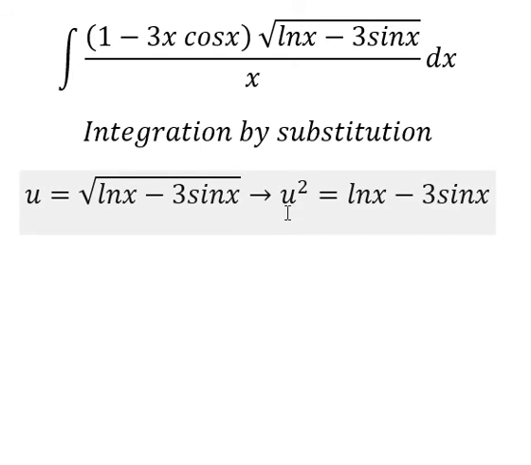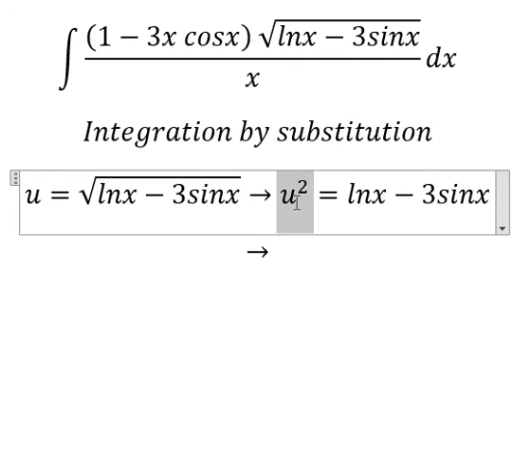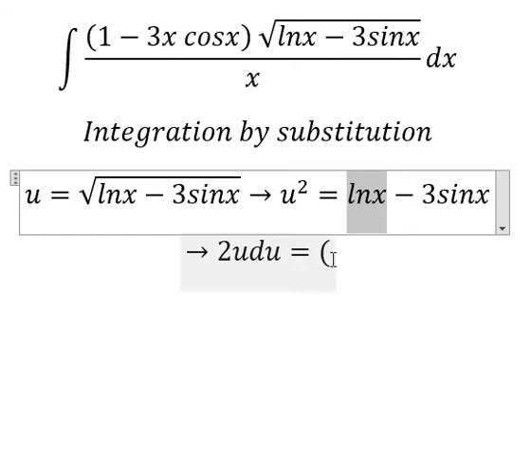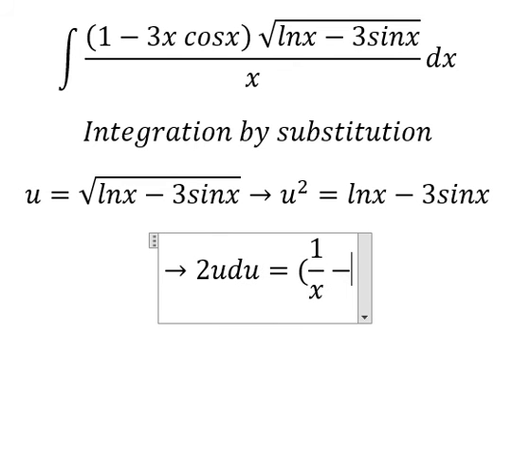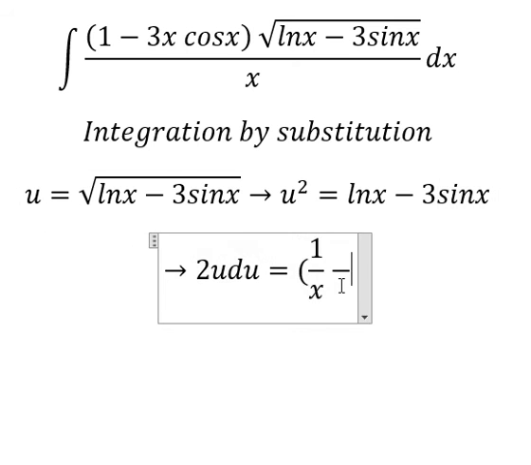So if we first take the derivative of both sides, this one is 2u, this one is 1 over x, and this one is cosx.